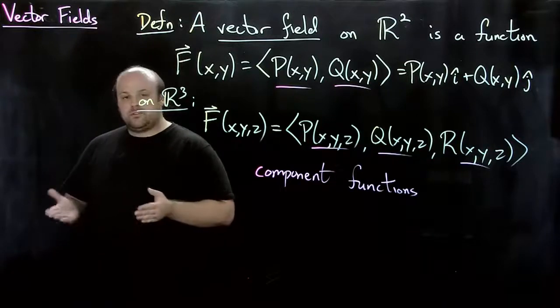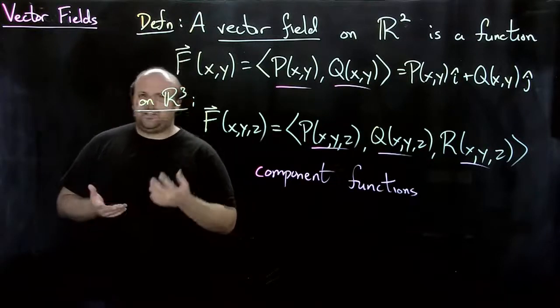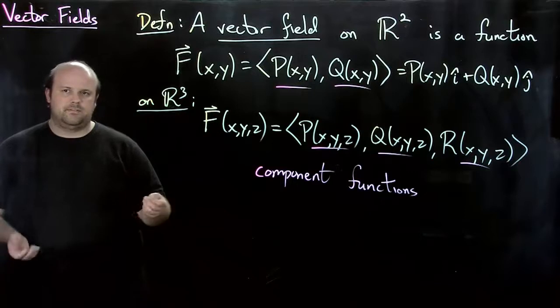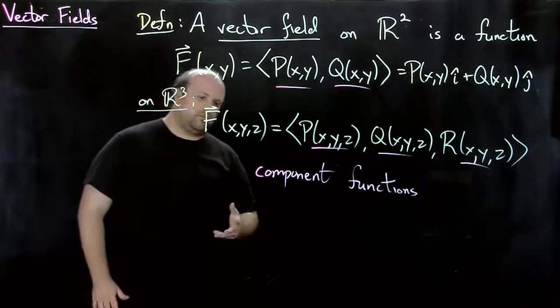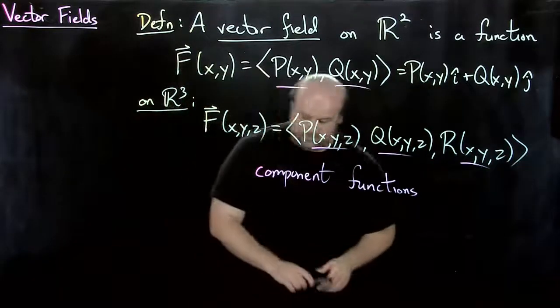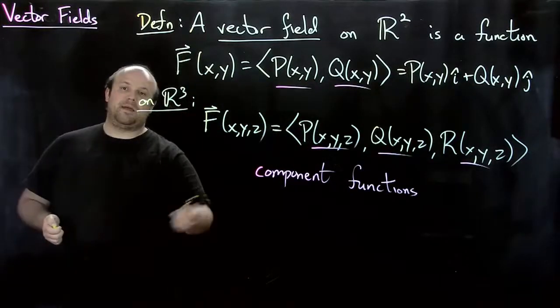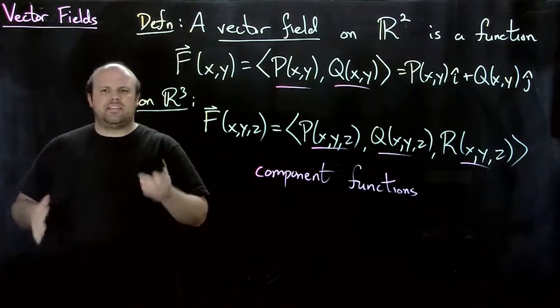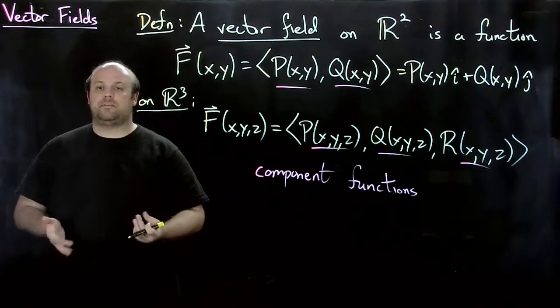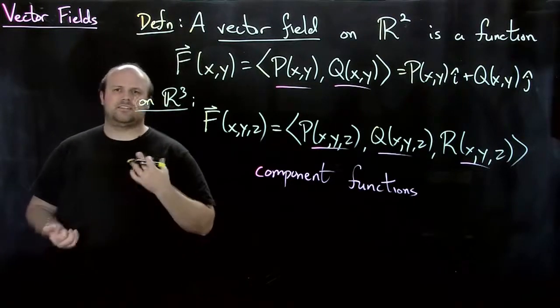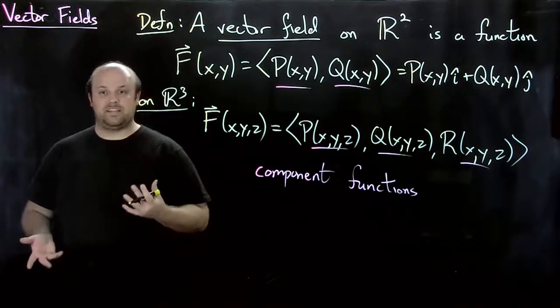So what's an example of these? How do you graph a vector field? The way one typically graphs a vector field is the following. We'll do some hand-drawn examples, and then in the next video we'll do a few more examples in Mathematica, because it's especially hard to draw vector fields in 3D.